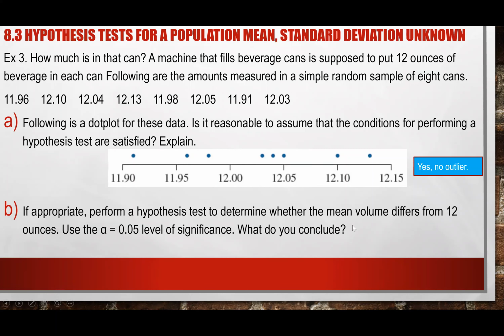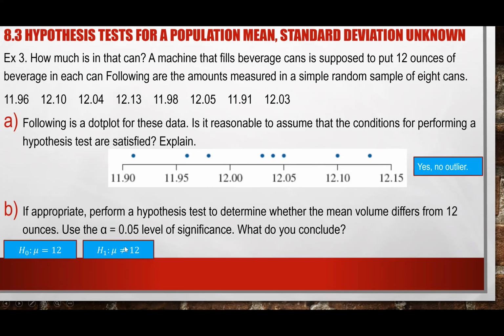So again, what is your null hypothesis and your alternative hypothesis? Do you agree that we want to know if the mean is different from the 12 ounce? This is what they want: to determine whether the volume is different from the 12 ounce, and that is your claim.